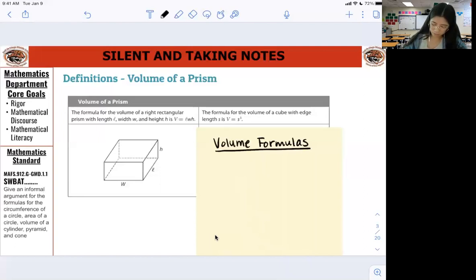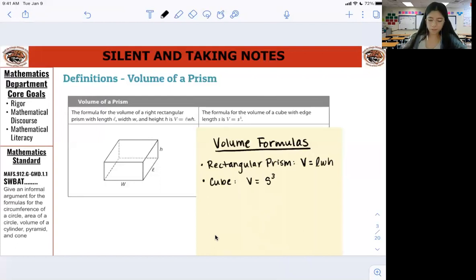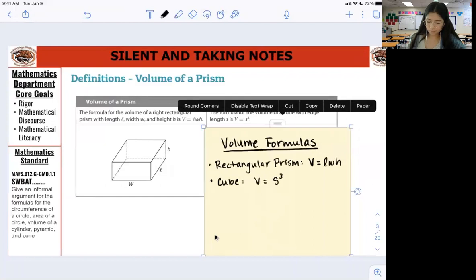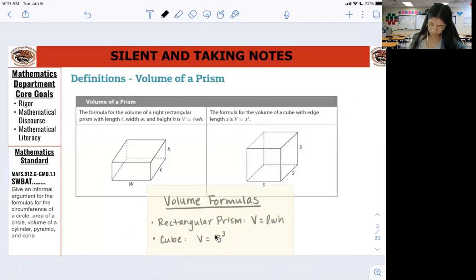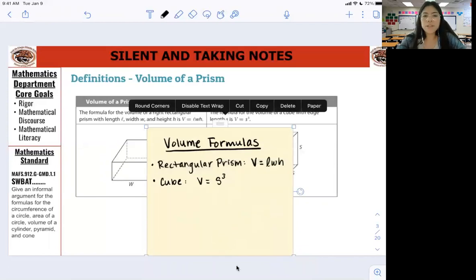So we have a rectangular prism, and then we have a cube. And I'll keep this list going as we go through today's class. I'll put it down here for now. Oh, where'd it go? There it is. Okay. Any questions on these two?